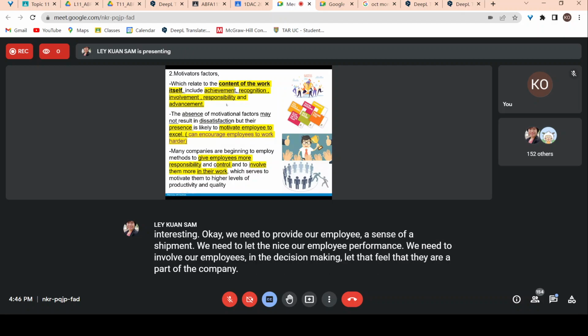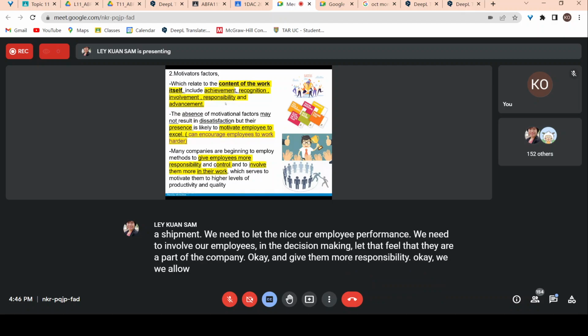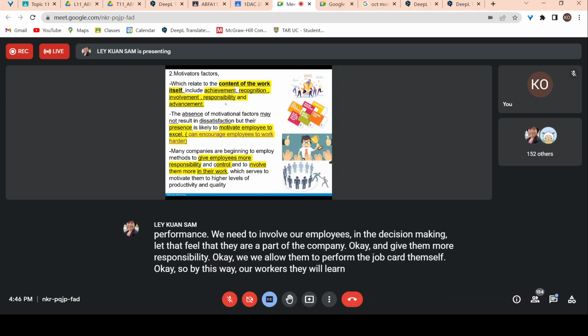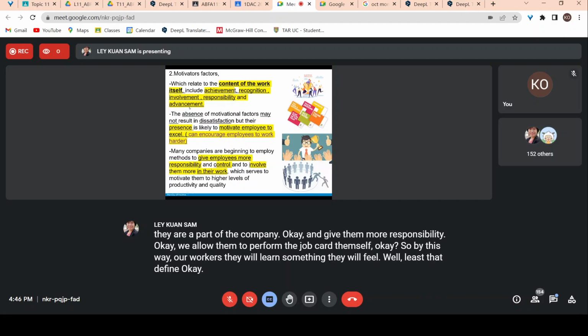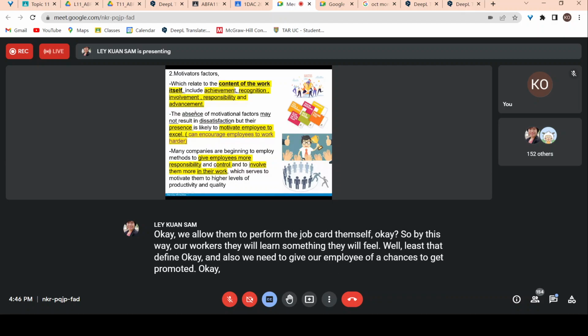Okay, and give them more responsibility. Okay, we allow them to perform the job by themselves. Okay, so in this way, our workers will learn something. They will feel really satisfied. Okay, and also we need to give our employee a chance to get promoted. Okay, so this factor will encourage your worker to work harder.